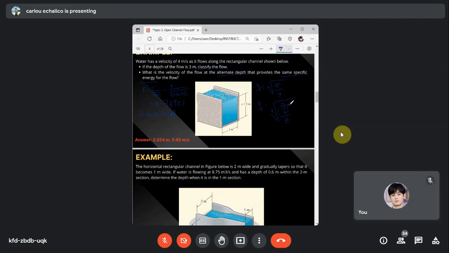So how do we get q? The q is our velocity, 4, times the area, which is 3 times 2, 6 times 4, that is 24. So 24 over our base, 4 squared, over 9.81. So what is y critical here?